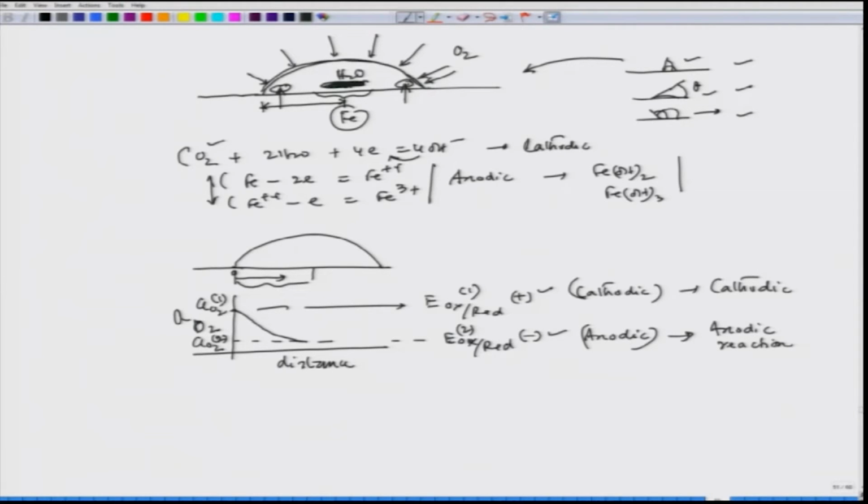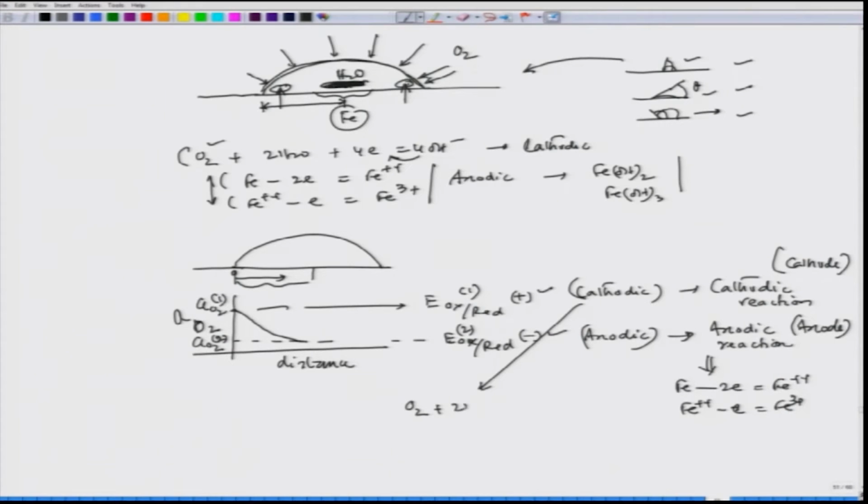So, in the cathodic zone we have cathodic reactions. So, this becomes the cathodic reaction zone, this becomes cathode, this becomes anode, and here the anodic reactions would be Fe minus 2e equal to Fe2+, Fe2+ minus e equal to Fe3+, whereas here we will have O2 plus 2H2O plus 4e equal to 4OH minus.